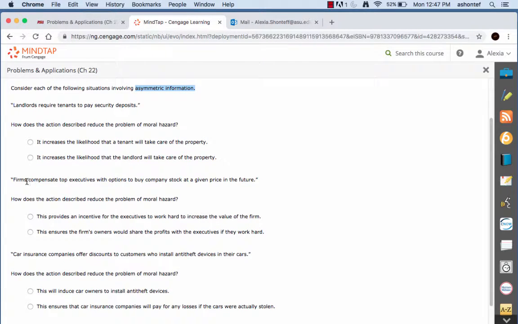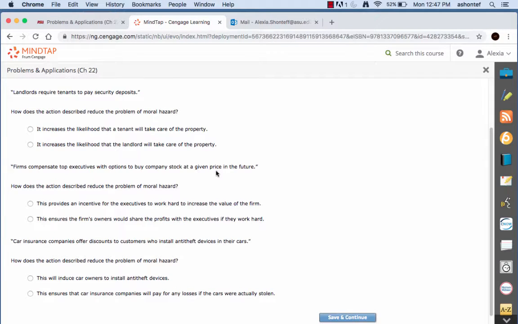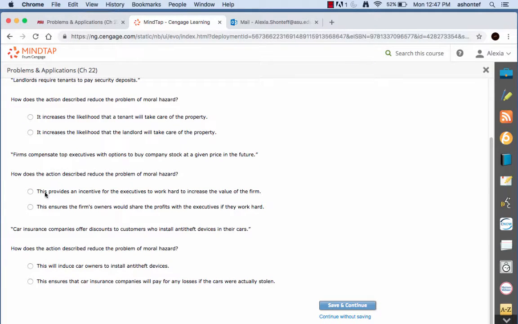The next one says, firms compensate top executives with options to buy company stock at a given price in the future. How does the action described reduce the problem of moral hazard? Remember, moral hazard is where somebody takes a behavior that may not be in the best interest, in this case of the company.